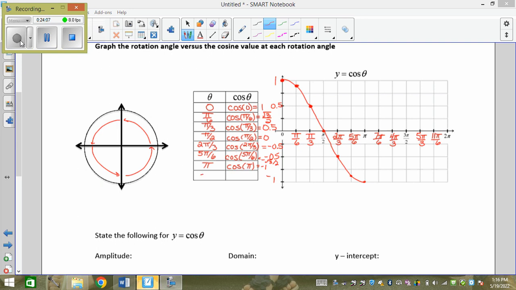And then we have 7 pi over 6. Cos of 7 pi over 6 is negative root 3 over 2. And then 4 pi over 3. Cos of 4 pi over 3 is negative 0.5.